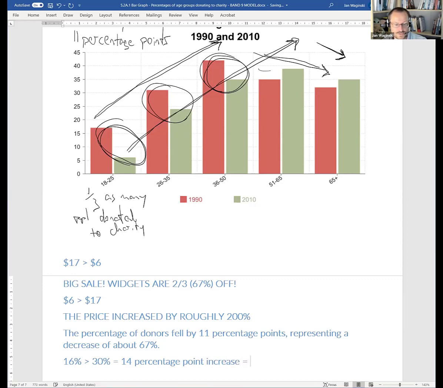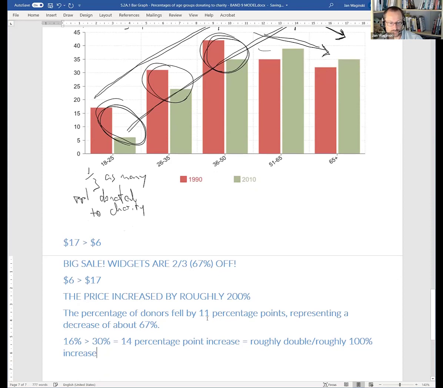What is the percentage change here? Double, 100%. Yeah, because it roughly doubled. So something doubles, that is a 100% increase.